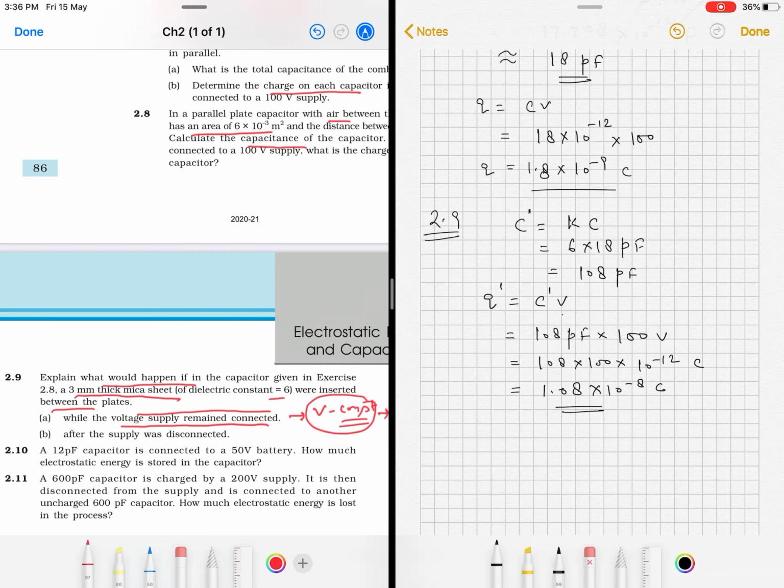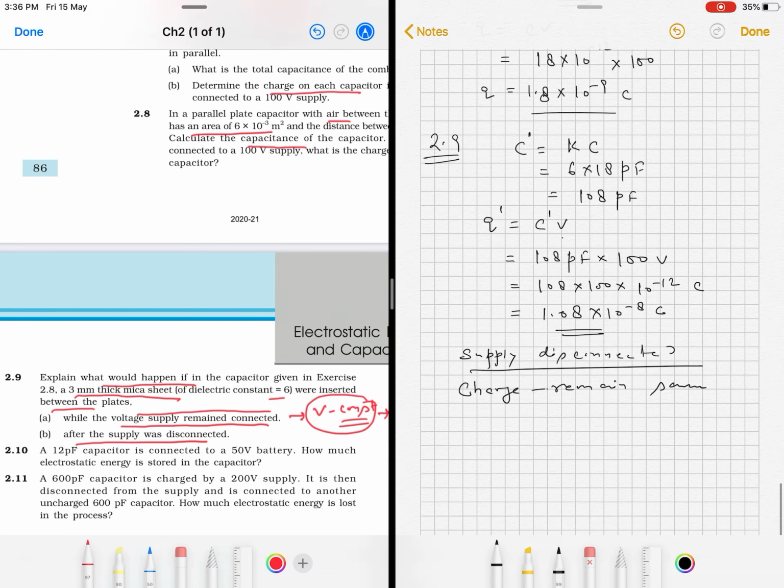Second thing, after the supply was disconnected. When supply is disconnected, important thing, charge remains same. जब बैटरी डिस्कनेक्ट कर देते हैं तो कैपेसिटर में चार्ज सेम रहता है, चार्ज चेंज नहीं होगा, चार्ज वही रहेगा जो चार्ज पहले था.